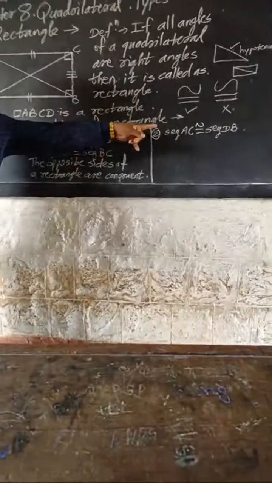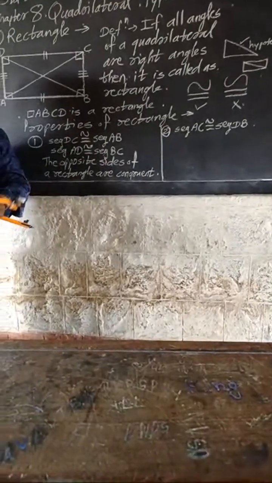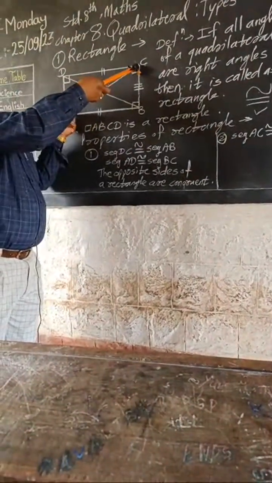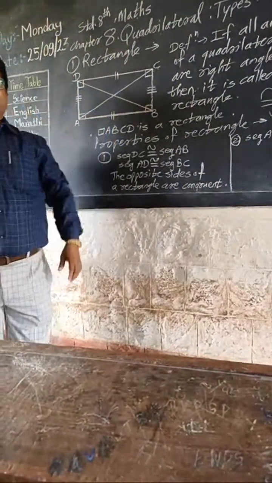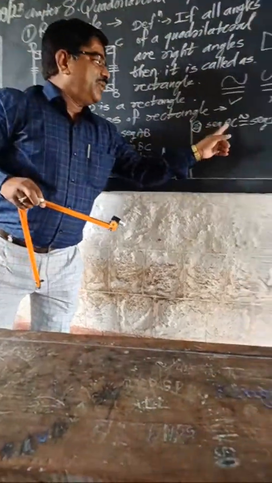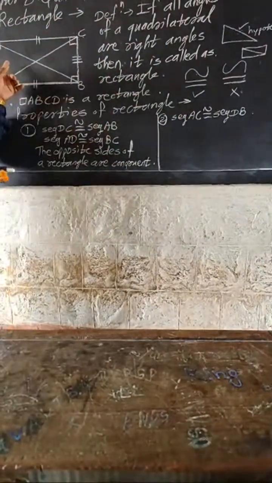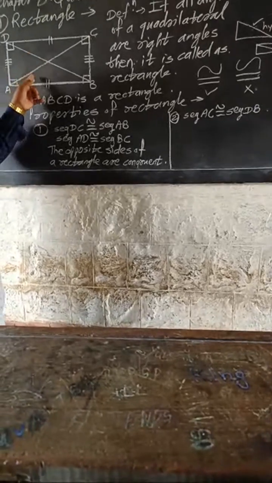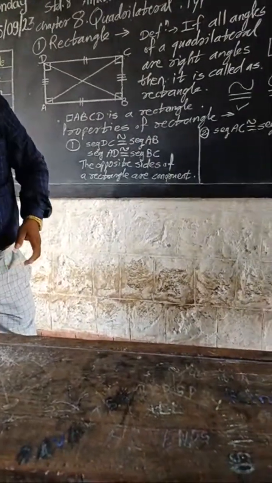Why can we say that both are congruent? Yes, anyone can give the answer? Yes, because the lengths of the diagonals are equal. If lengths are equal, then we can say that they are congruent to each other, and we can write the conclusion.